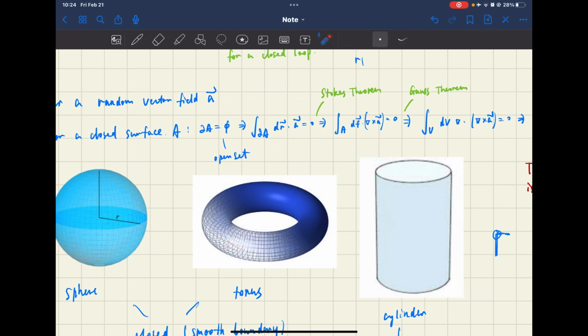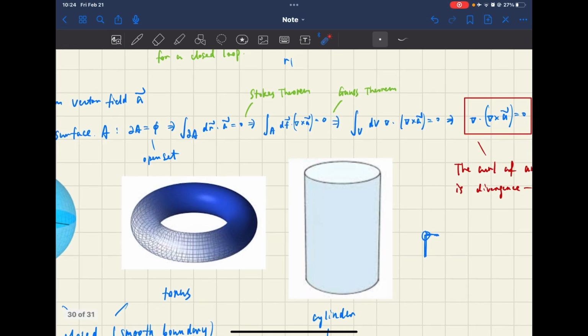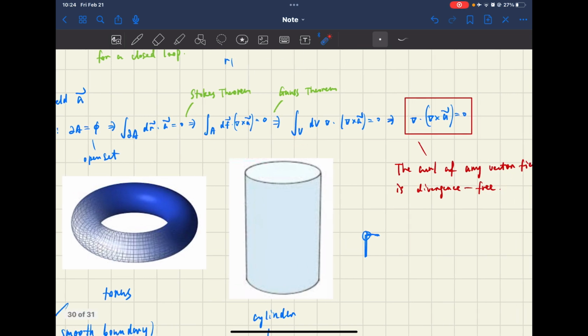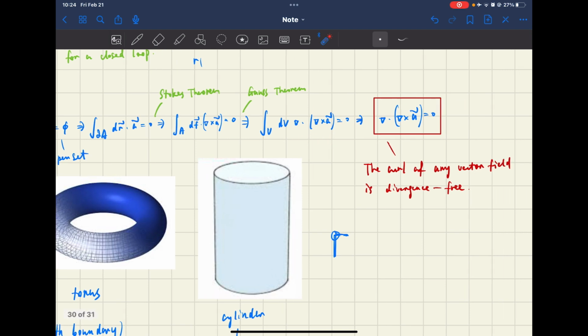And if you use Stokes theorem to go backwards, you'll get an expression for integration over an area, and if you use Gauss theorem another time, you can turn an integration over an area into one over a volume, and inside the integrand we have this expression.